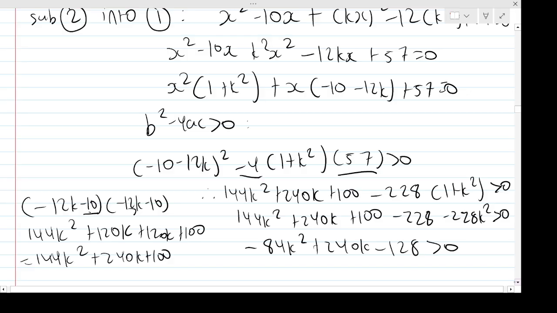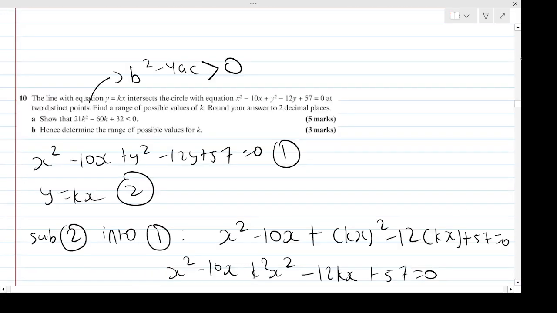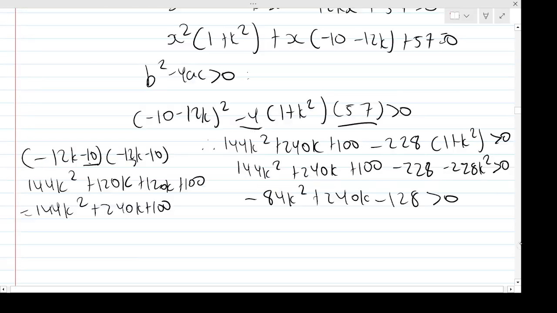Okay, cool. Well then, let me look at what it says. It looks very similar. I get a quadratic in k, but have it greater than 0. But here, it's less than 0. The way I would achieve that is to divide by a negative to flip the inequality. But what I noticed even more is that the coefficient of k squared is positive 21 here, whereas at the moment I've got minus 84.